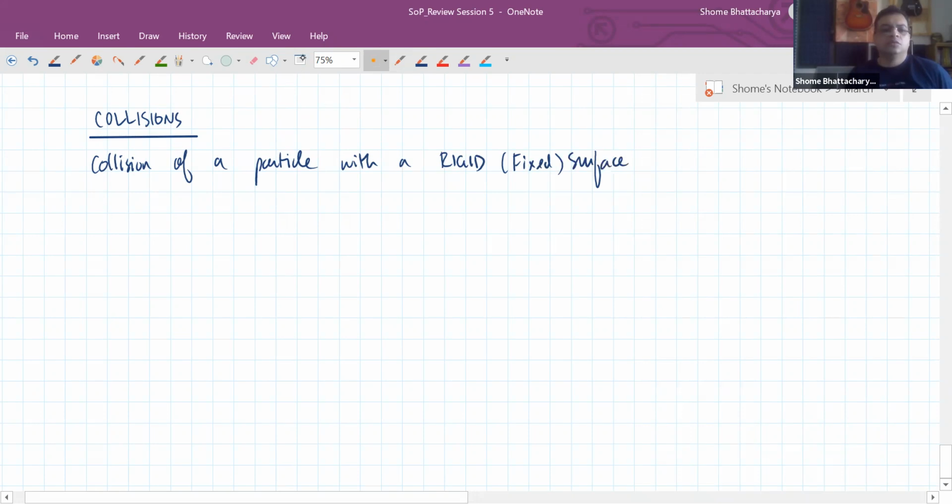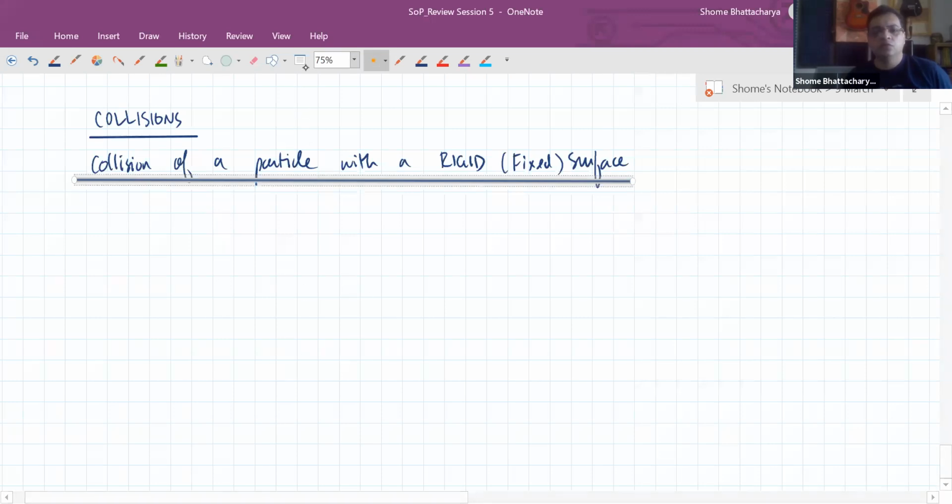Okay, so the example can be a spherical body bouncing off a floor, or the collisions of carom coins on the wall of the carom board.